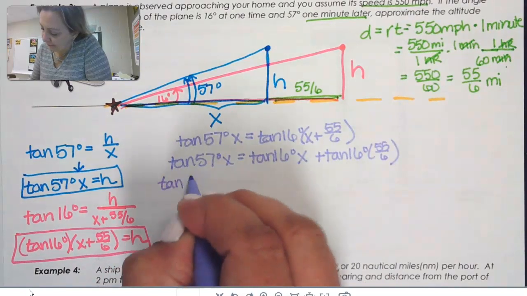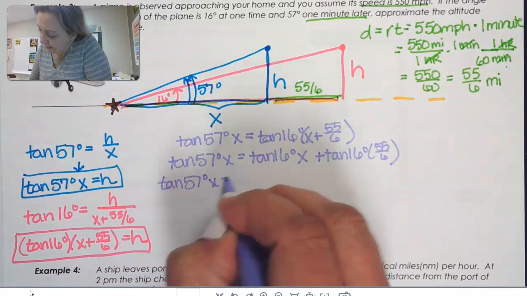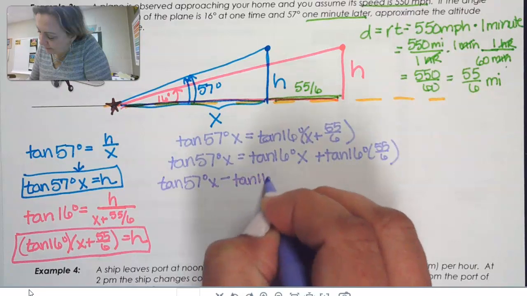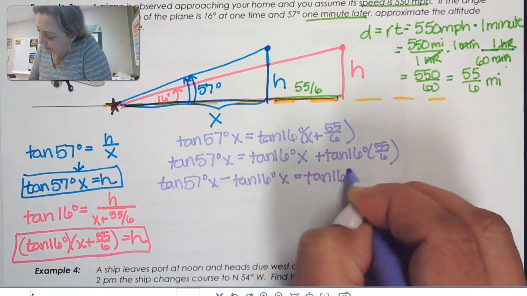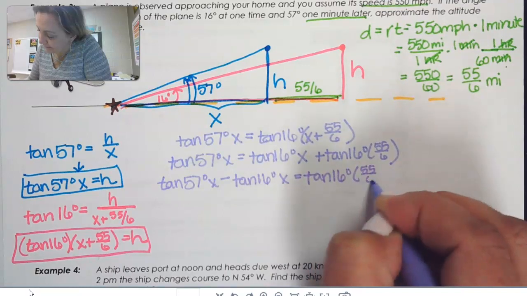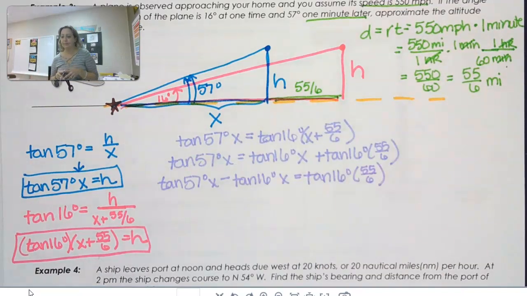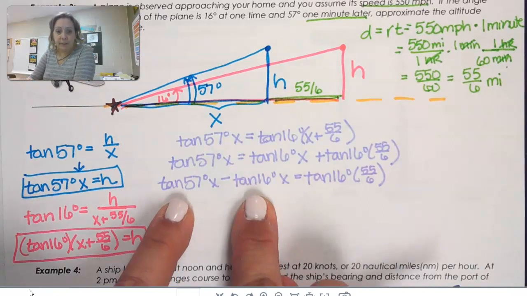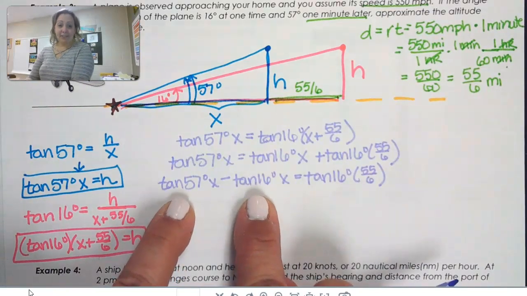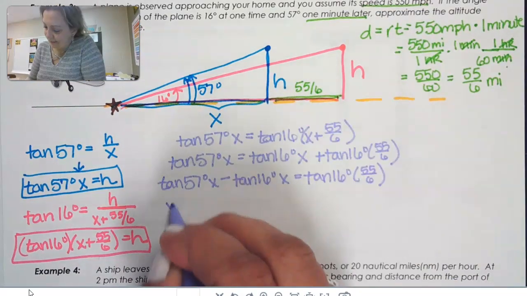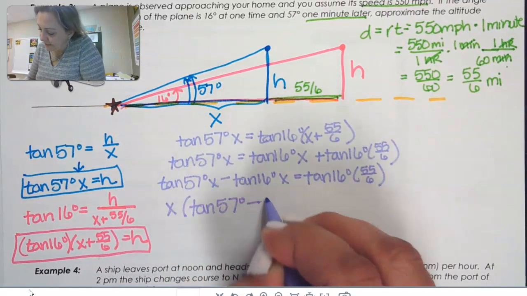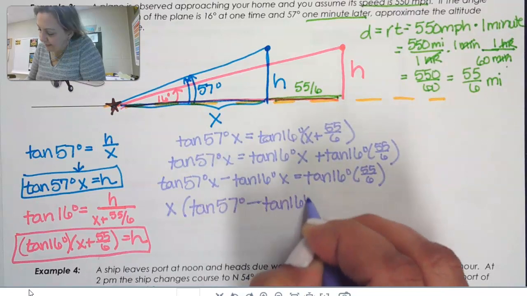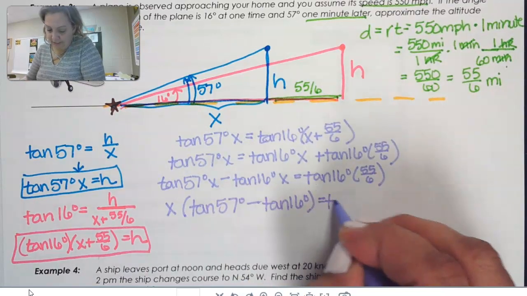The tangent of 57 degrees x minus the tangent of 16 degrees x equals the tangent of 16 degrees times 55/6. Remember, these are numbers, so I can factor out an x, and that's going to be the tangent of 57 degrees minus the tangent of 16 degrees.